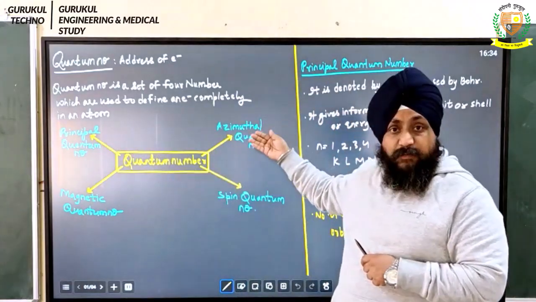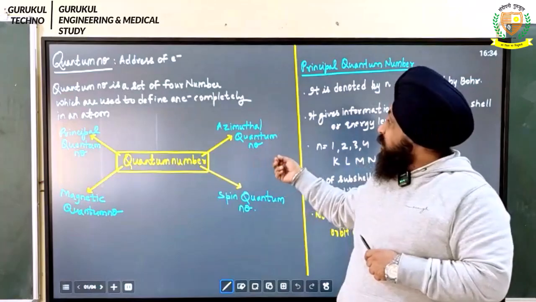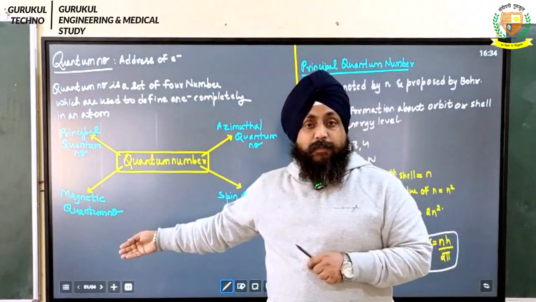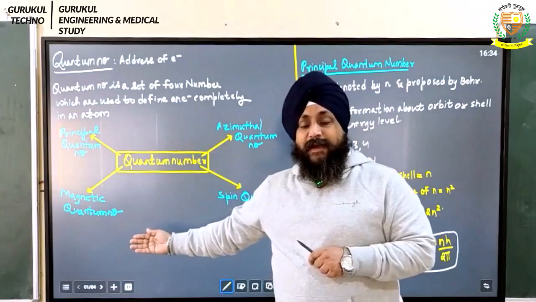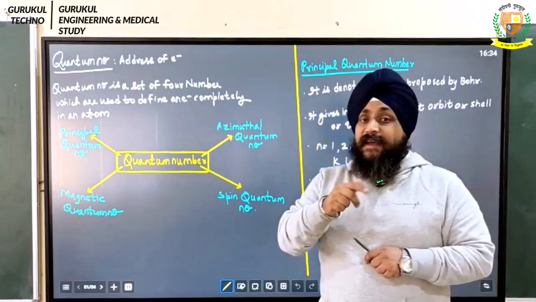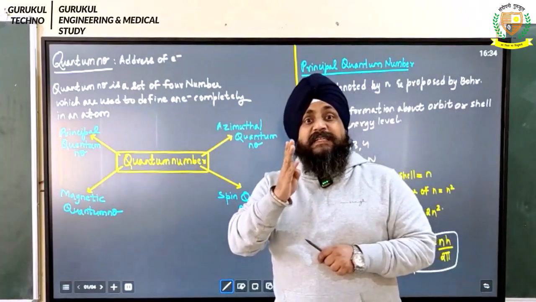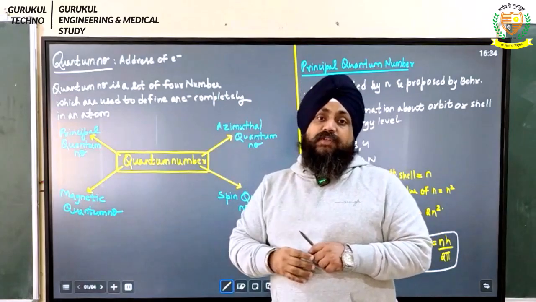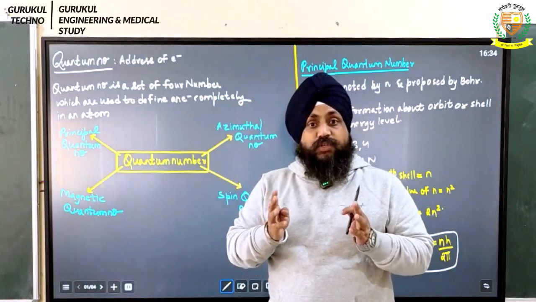Then there is the azimuthal quantum number, which is denoted by l. There is the magnetic quantum number, which is denoted by m, and then there is the spin quantum number, which is denoted by s. So students, these are the 4 numbers which will give you complete information about the position of the electron.